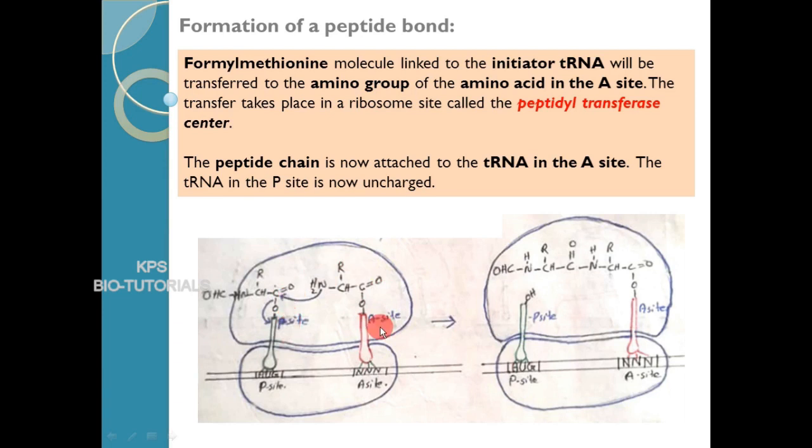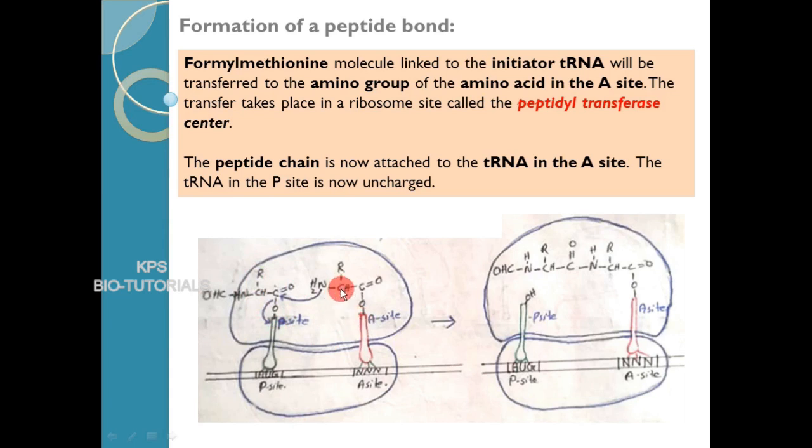Now the peptide bond formation occurs between these first and second amino acids. You know, the first amino acid is formylmethionine, which is linked to the initiator tRNA. This formylmethionine is now transferred to the amino acid in the A site.